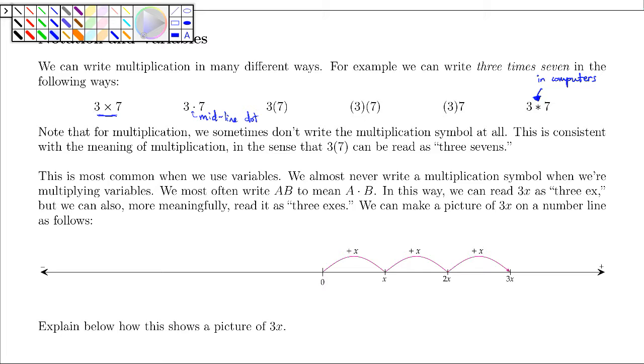Let me double check. Yes. This is Shift 8. So if you're ever doing calculations in, say, a spreadsheet, and you need to do multiplication, then you will use that asterisk.